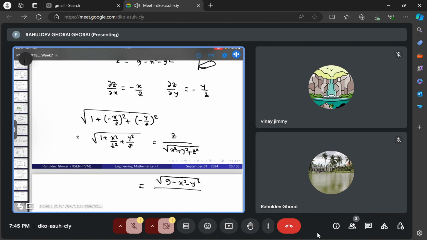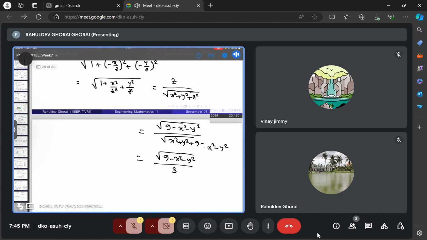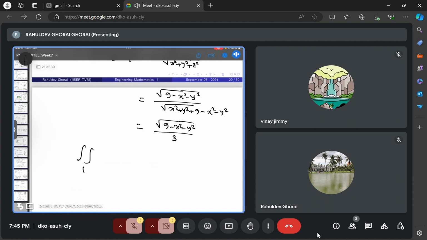That gives you 9 minus x square minus y square over 3, right? And then you have to integrate. So the integration over D is 9 minus x square minus y square over 3 dx dy. D is nothing but the intersection, right?